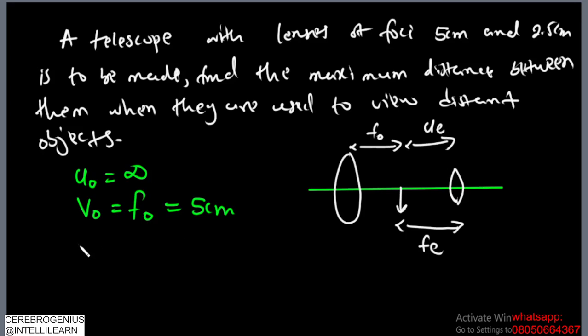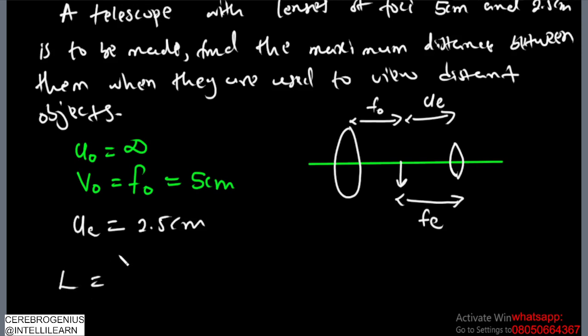as UE. So we are going to take our UE to be equal to the focal length of the eyepiece, which is 2.5 centimeter. So what's now going to be the length? The length is the sum of the distance of the image from the objective plus the distance of the object from the eyepiece.